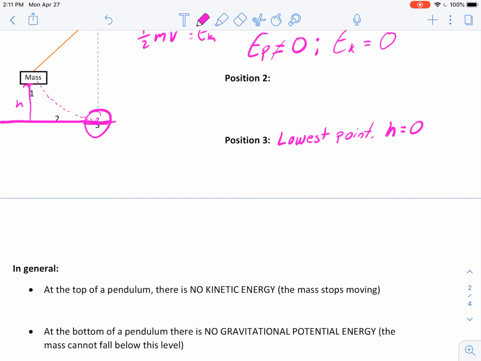But at the lowest point, our H is equal to 0, which means EP, which is mgh, equals 0. And our kinetic energy, well, at that point, it's moving. It's going this direction, so there is kinetic energy. So that does not equal 0.